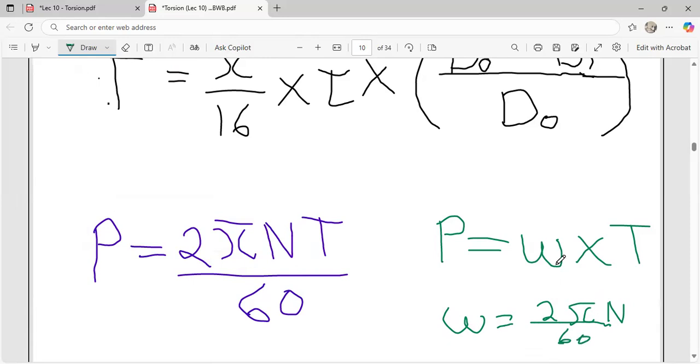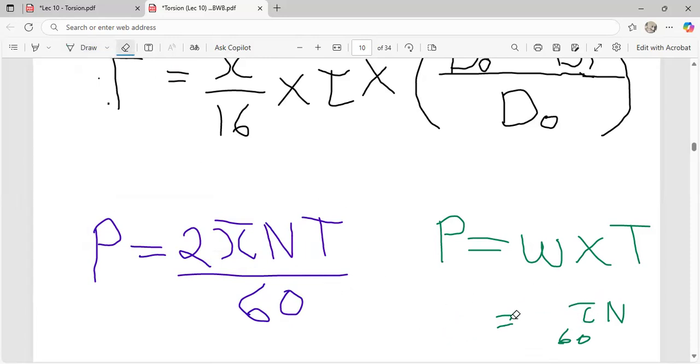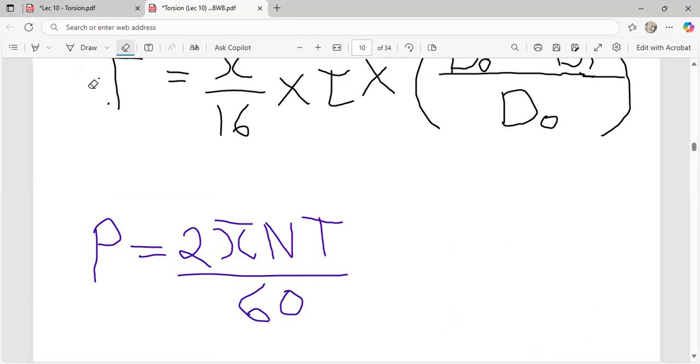So that is what we substituted into this to get this formula. So you can also jot that down so that life can be easier for you. From there, we just make T the subject, find T, and use it to calculate our problem.